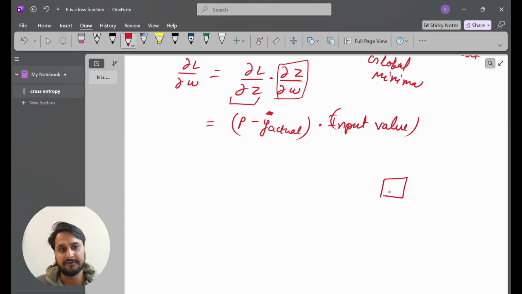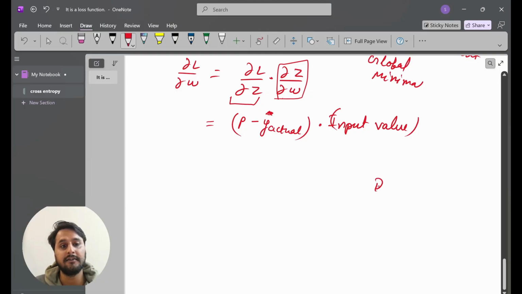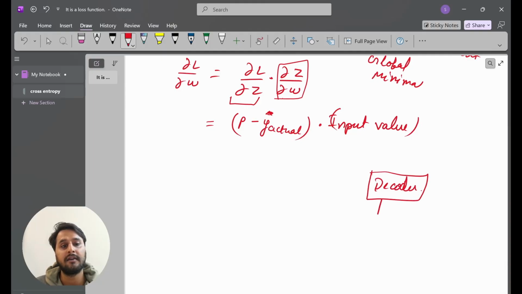In the decoder, we pass input from here and we get this output, and we apply the linear layer.